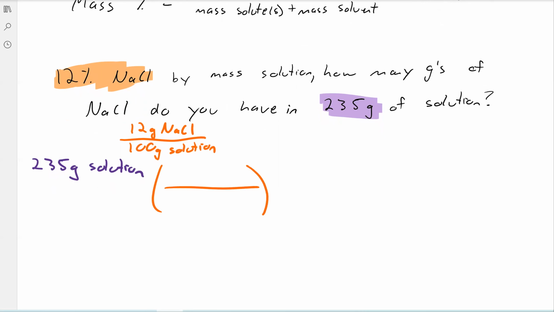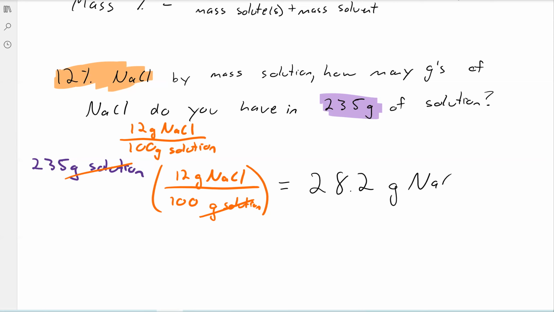And then we can see we have grams of solution on the top here, so we want grams of solution down on the bottom. And then 12 grams of NaCl would go up on the top. Grams of solution and grams of solution would cancel out. And then you'd go ahead and do the math. 235 times 12 divided by 100. You get 28.2 grams of NaCl.